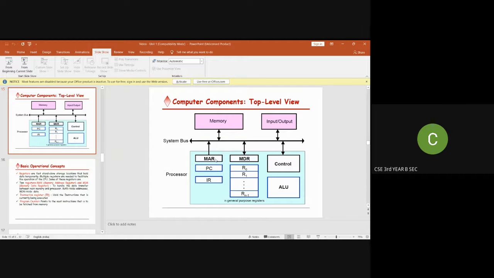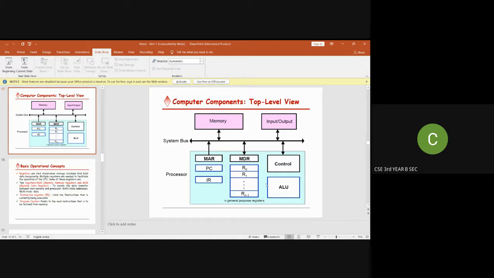Note that the MAR is unidirectional. It always gets the address and this address is passed over to the memory. That is the role of the MAR. It contains only the address, not the data. The MDR is bidirectional.